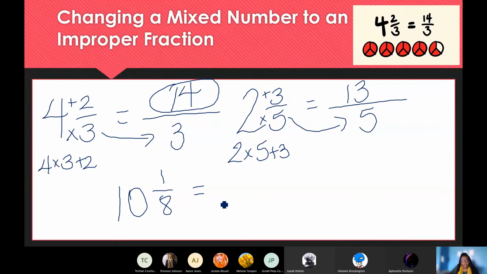Camille, could you tell me, go ahead and turn your mic on. Could you tell me what is the improper fraction here? Camille, if you could please turn on your mic and tell me, what is the improper fraction here?